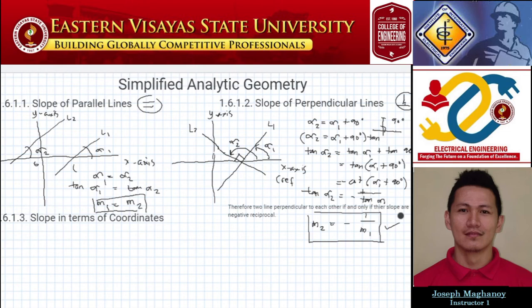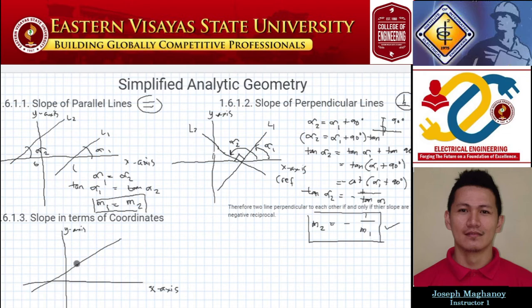Okay, let's move to slope in terms of coordinates. Let's consider again a Cartesian plane with point 1 and point 2. For example, we have a certain line. So this is your y-axis and this is your x-axis. In terms of coordinates, let's consider 2 points.